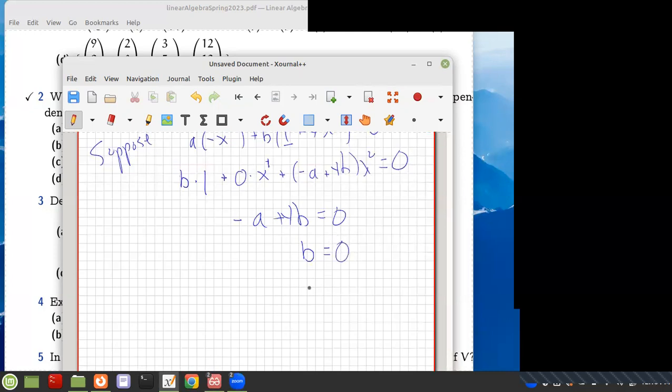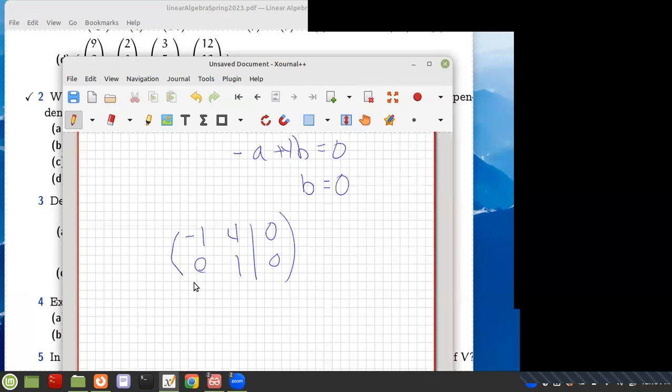We could put in a 0 equals 0 equation, but we can leave it as this. Since this is a linear system, the augmented matrix is minus 1, 4, 0, 0, 1, 0. It's already in echelon form, right?